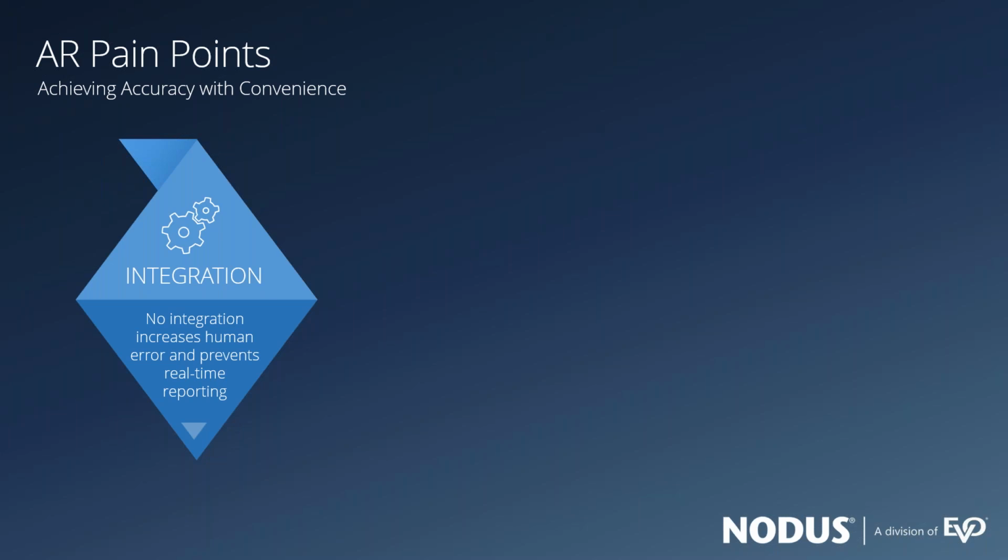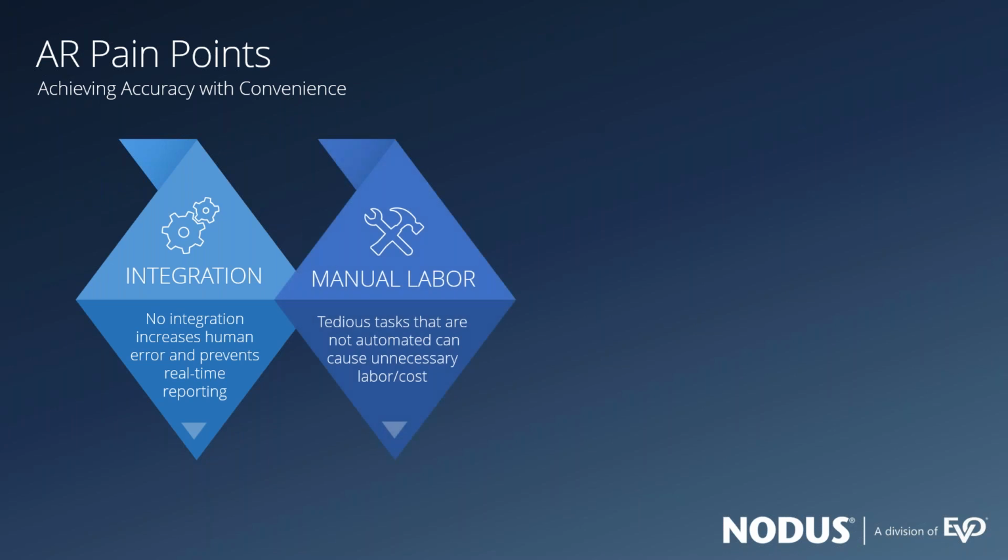If your AR is not connected with your accounting system, then you're lacking real-time reporting. With lack of integration comes the second pain point, and that is manual labor. Whenever something is not automated, you're relying on your workforce to do all these things themselves. For example, in an AR team, you're relying on someone in your office to collect payments from customers, process the payment manually, then go back to your accounting system, figure out which payment goes to which invoice, and update that.